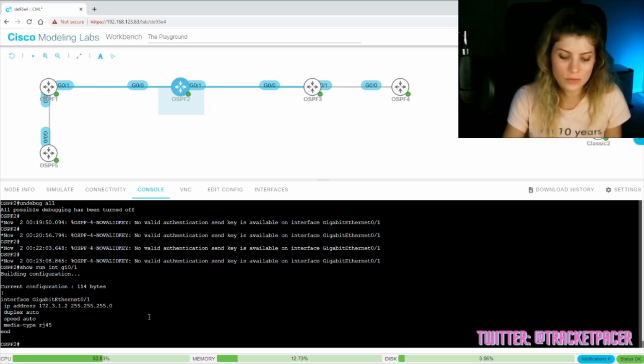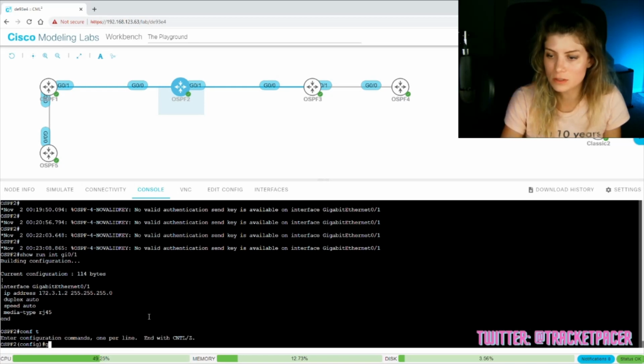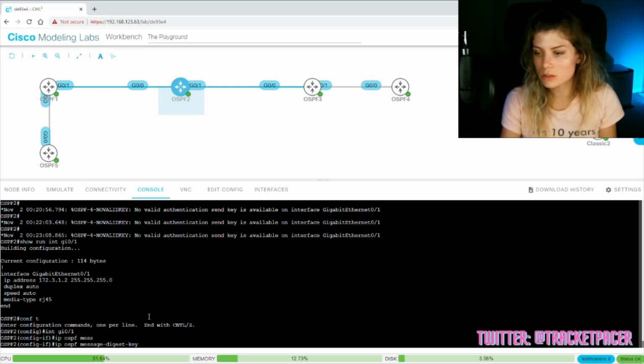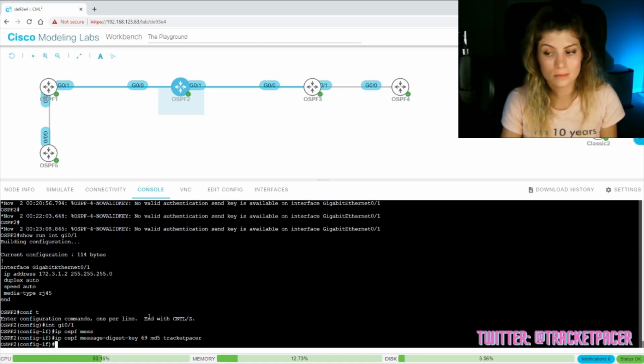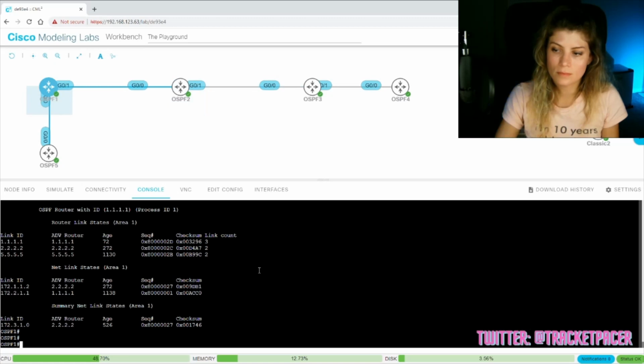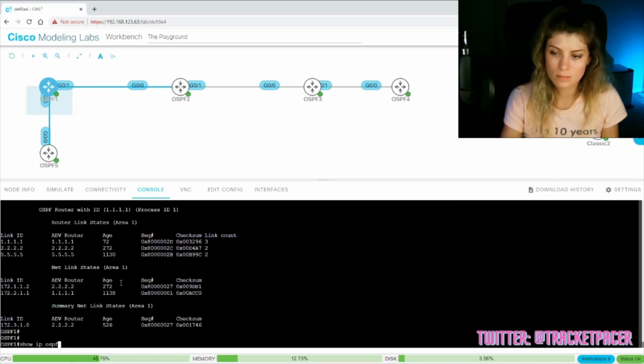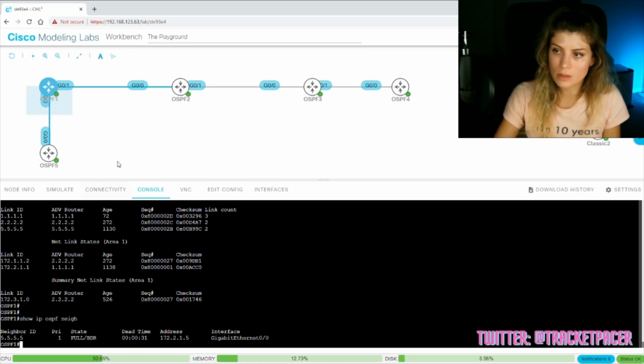All right, let me just configure it on the interface and see if that fixes it. Message digest key. Whoops, MD5 pacer. Nothing's happening. That might be good. But our neighborship still hasn't come up.